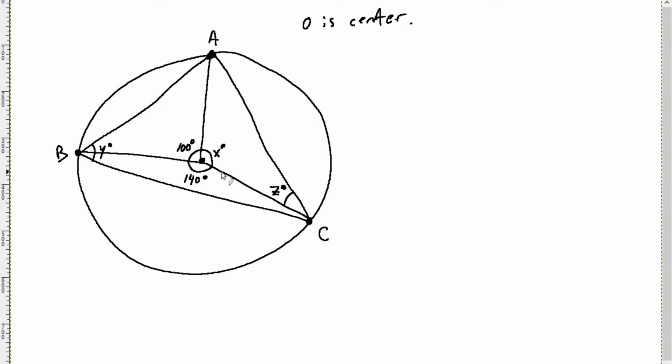So the very first thing we have to find actually isn't one of the properties we talked about, but it is a property of a circle that you should know. And that is, if we have angles going all the way around, they should add up to 360 degrees.